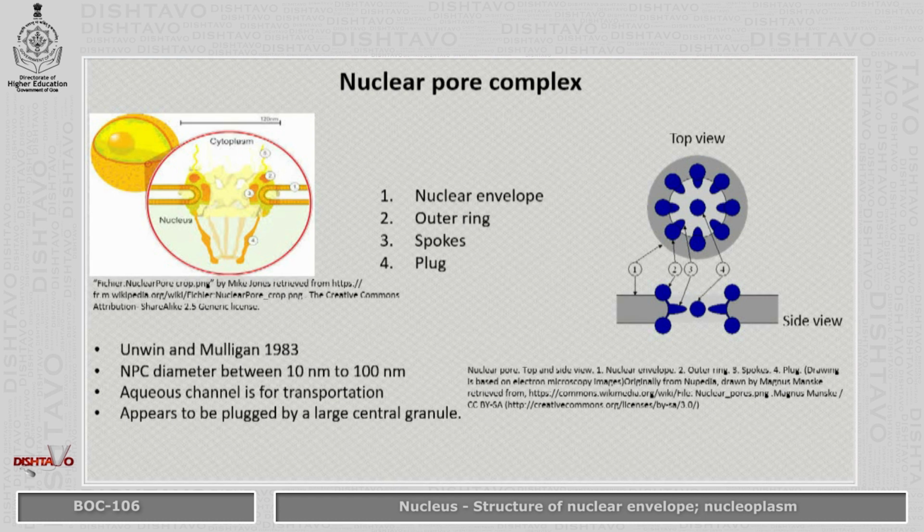The outer part of the basket is attached to the cytoplasm and inner side of the basket is attached to the nucleoplasm. The top view of the nuclear pore complex gives the appearance of a cartwheel, and that is also called the cartwheel model of nuclear pore complex.